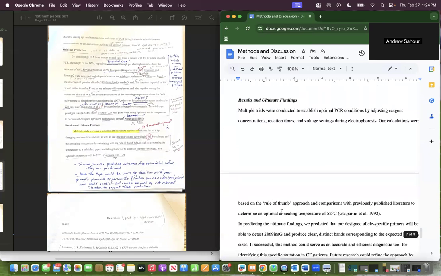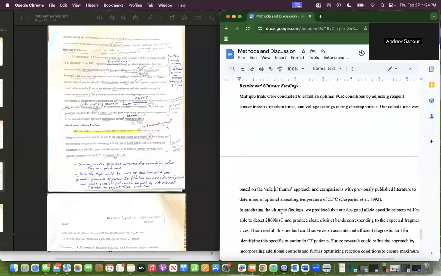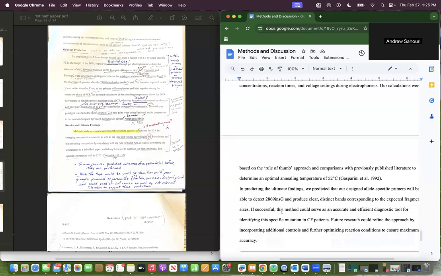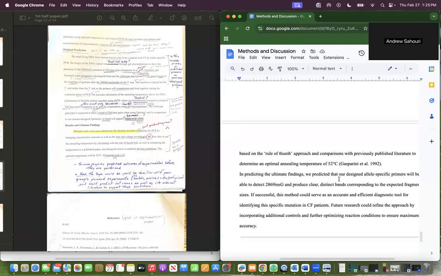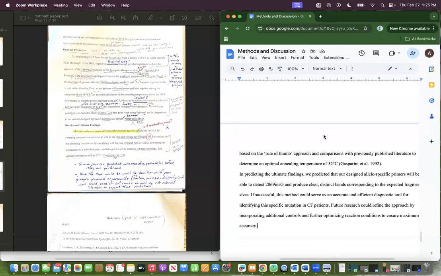Just saying our ultimate findings: if this method's successful, it could be great to figure out specific mutations in cystic fibrosis patients, helping overall advancements in medicine and the medical field in general, to accurately diagnose people. That's all I got. Thank you for listening.